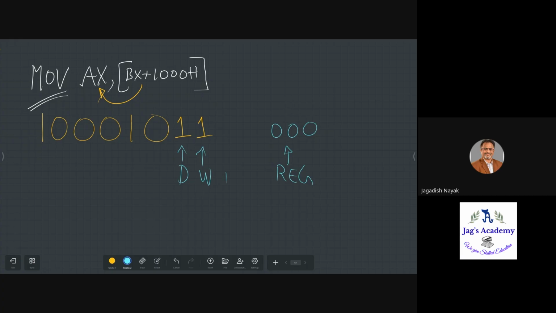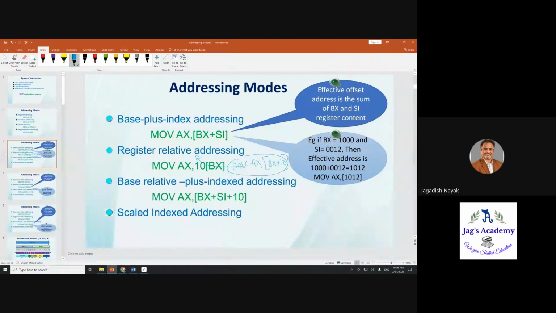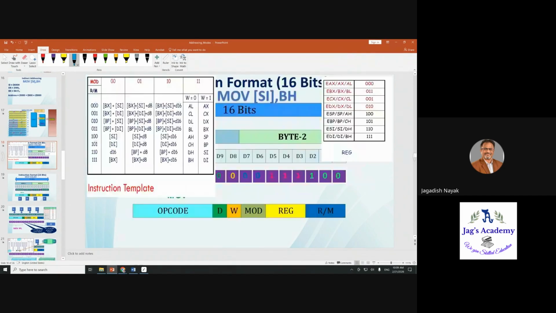Right? So what is required now is the mod bit and the R/M bit. For that, can you refer to the table? Let me check, I can show you. What is that which is required? BX plus 1000, right? Where is the table? Table is here.